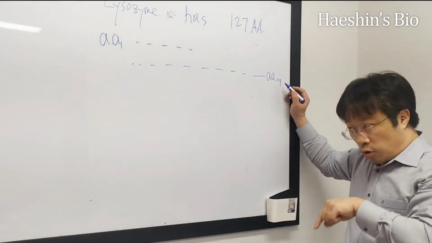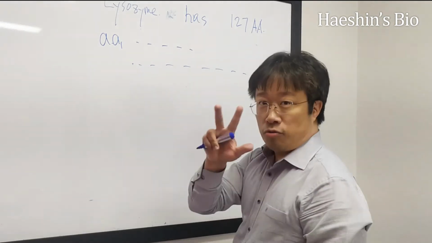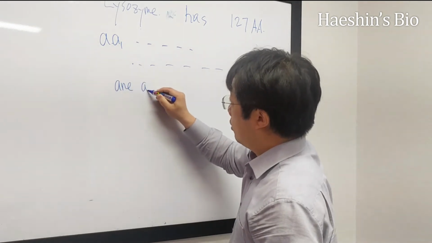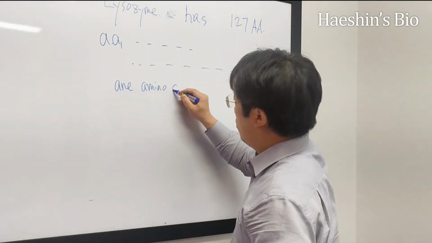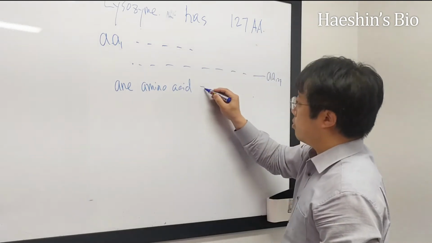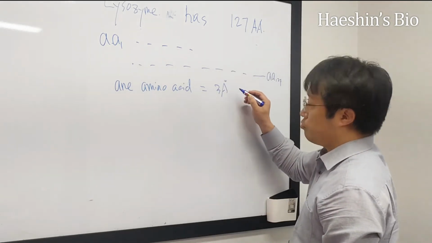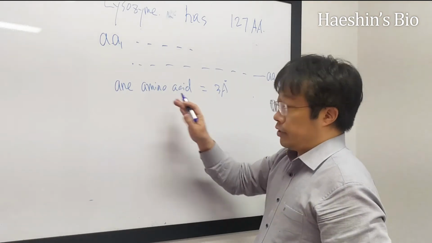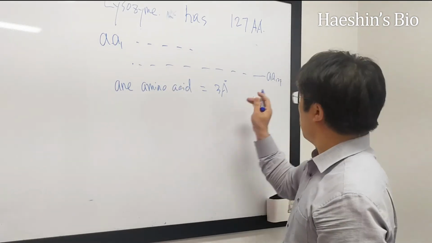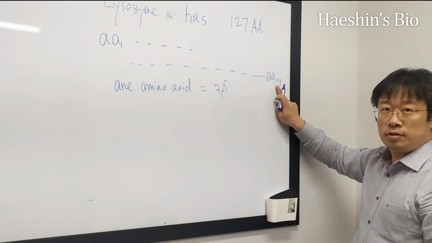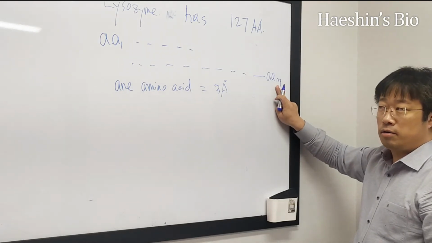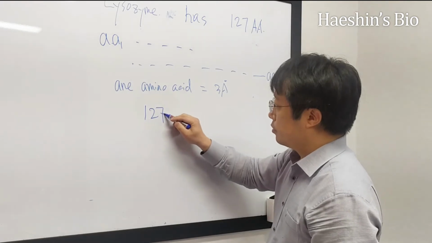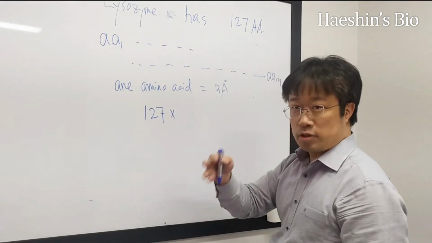So remember, each amino acid bond is about 3 angstrom, because of the 3 bonding system, N, C, C, that I drew before. So you have to think about 127 amino acids, times 3 angstrom for each amino acid.